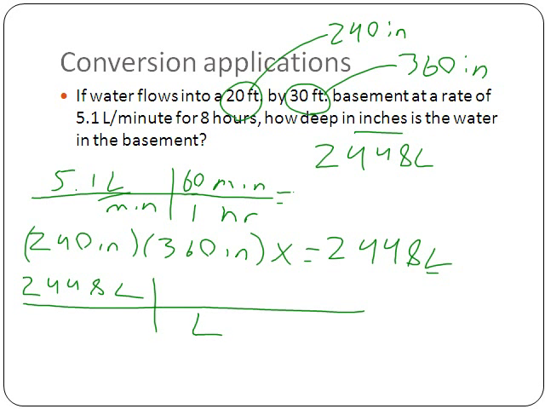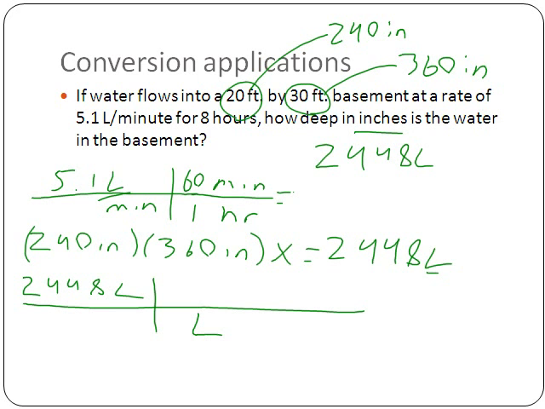A quick look at our table says we could go from liters to milliliters, and then from milliliters to centimeters cubed under the other equivalences. From centimeters cubed, we can then convert to inches cubed, which is what we want.